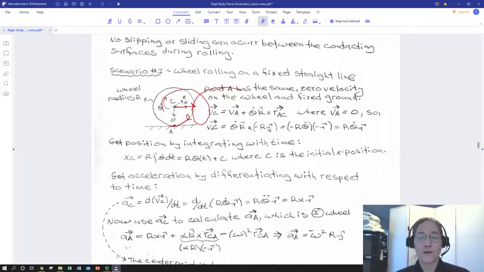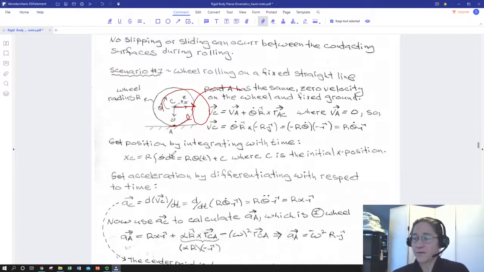So an important observation is the center of a rolling wheel is actually undergoing rectilinear motion. It's going in a very straight line, i hat only. And of course, if we want to know how far it's gone, all we have to do is integrate with time based on our angular velocity. So for the displacement of our center point, we can factor an r out because that's not changing, and just integrate theta dot with respect to t.